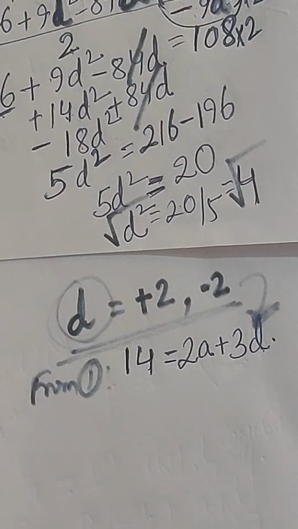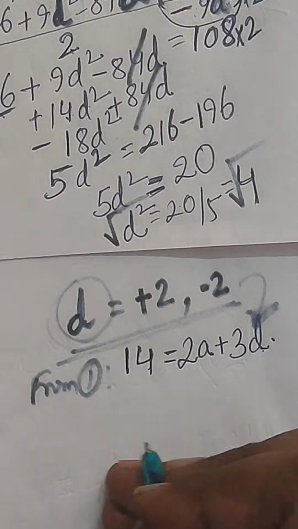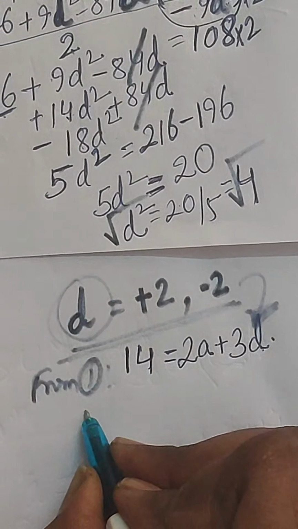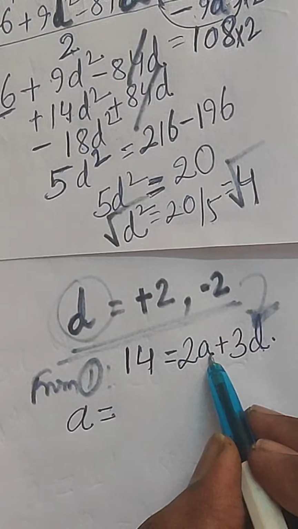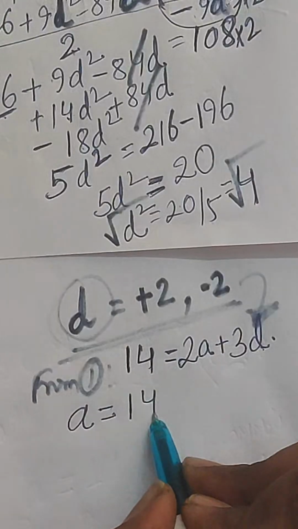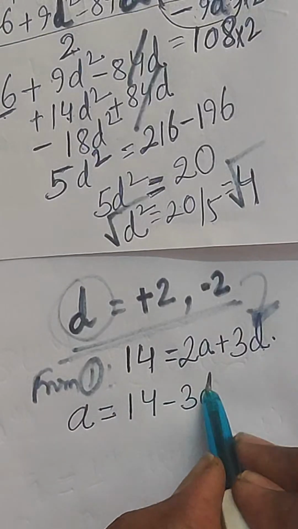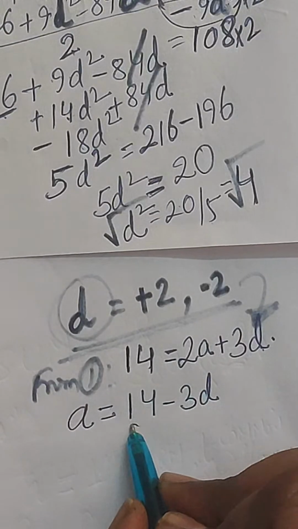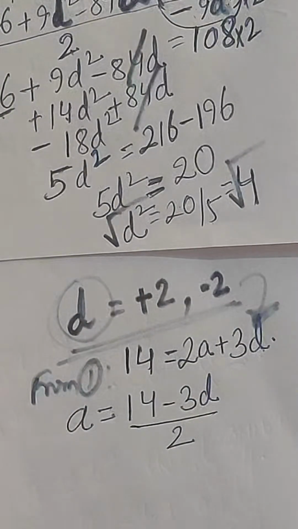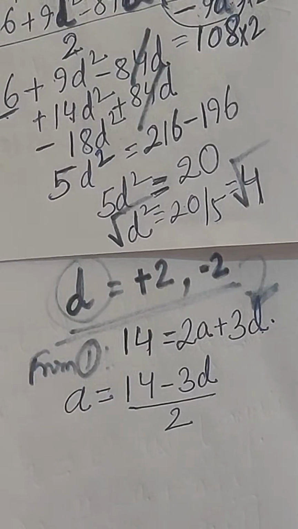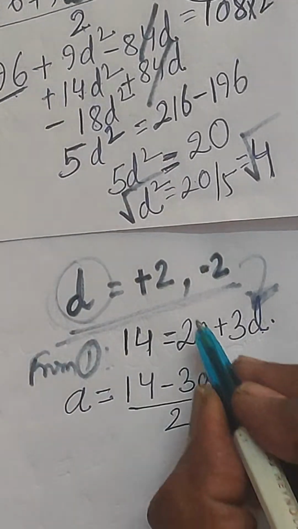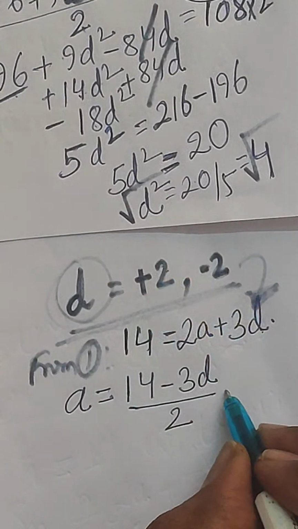So there will be two values of a. So first of all, what is the value of a? a will be nothing but 14 minus 3d divided by 2, right?